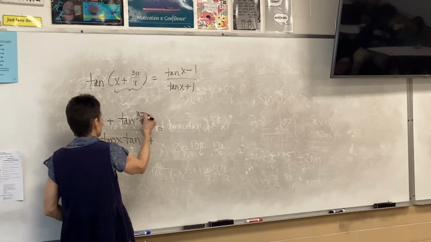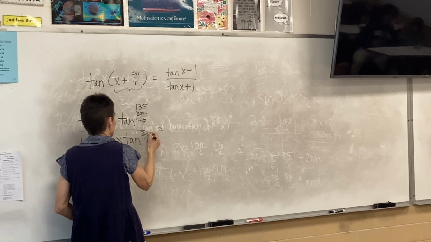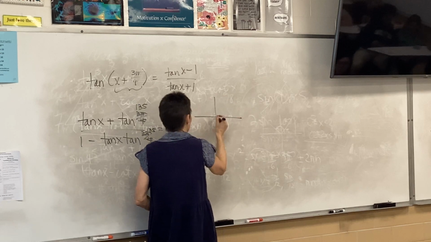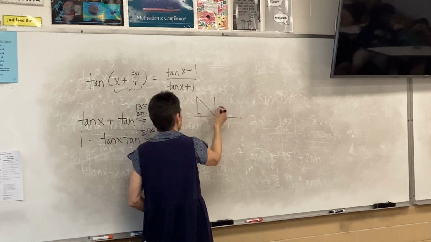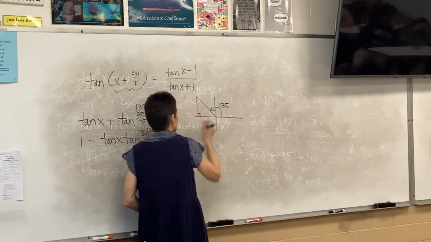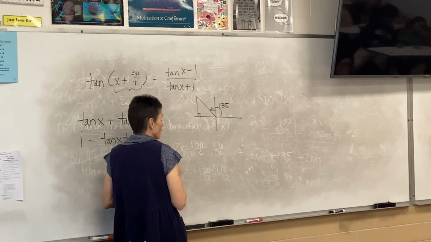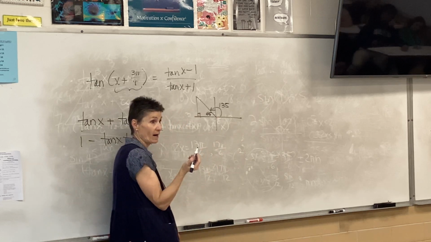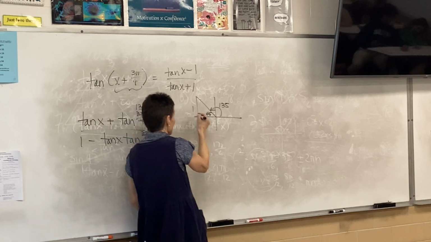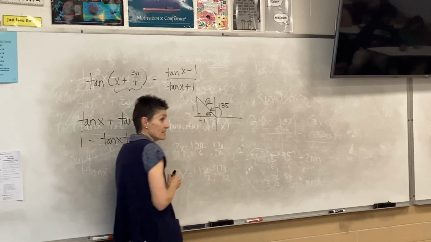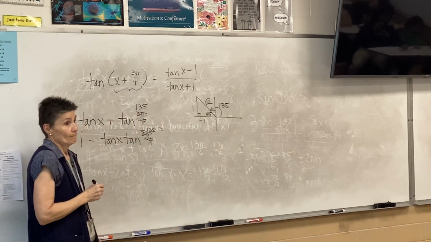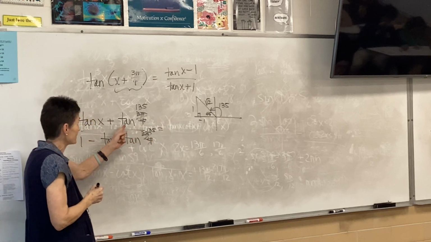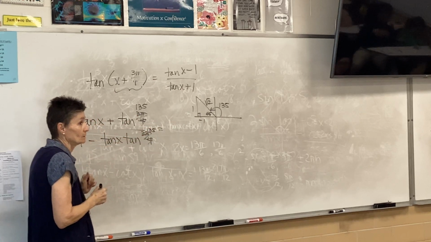So if it helps you, you can think of this as 135. So where's 135? Over here somewhere, right? What's the reference angle for 135 or 3 pi over 4? Pi over 4 or 45? So these are 1s and that's a root 2 and that one's negative. So what's the tangent of 135 or the tangent of 3 pi over 4?